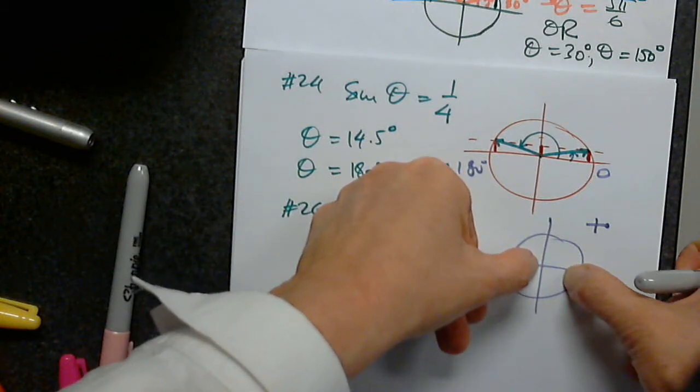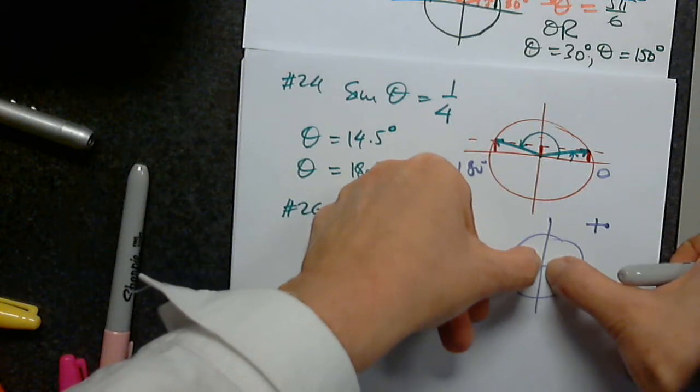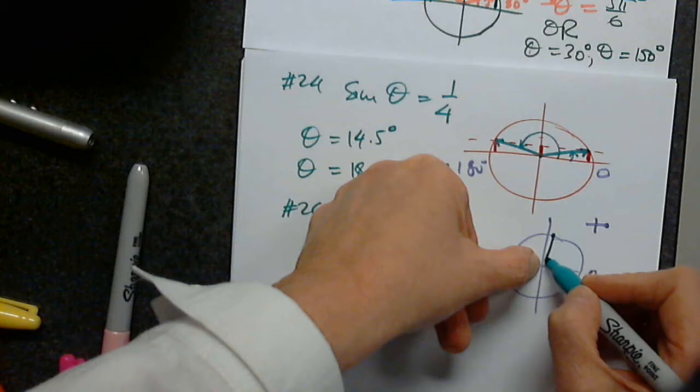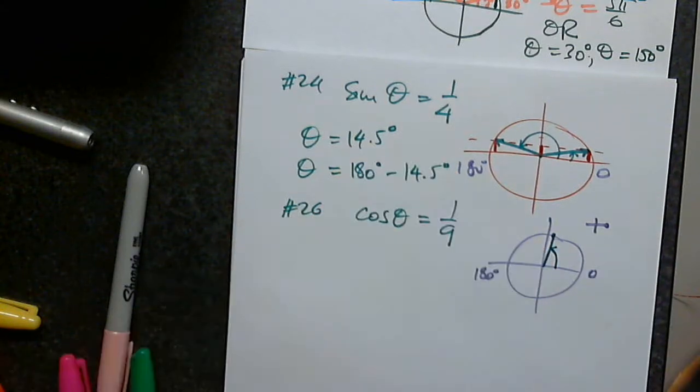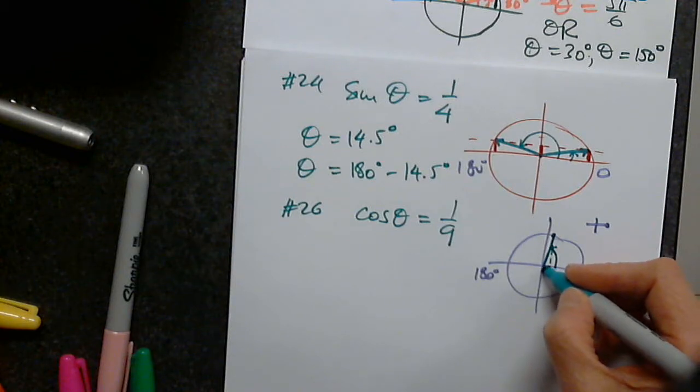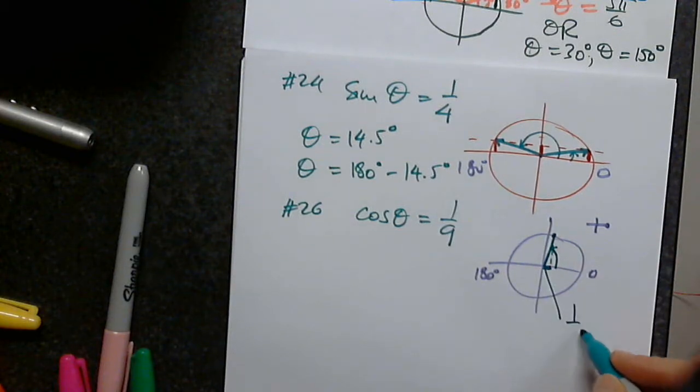So I want something like this. So it's a big angle that will have this cosine, 1/9. Of course, I can't do this by hand.